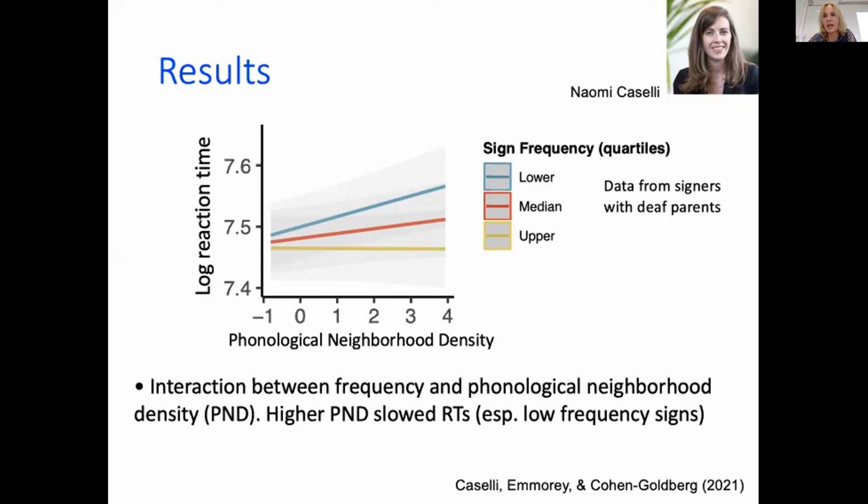For high frequency items, it's less prominent, possibly because high frequency signs are recognized before lexical competition has a chance to operate. So basically what this is showing us is that phonologically related signs spontaneously compete for activation and for selection, which is slowing response times, particularly for low frequency items.